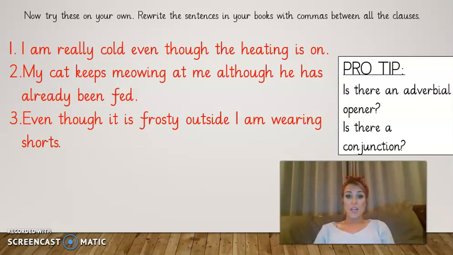So number 1 says, I am really cold even though the heating is on. Number 2 says, my cat keeps meowing at me although he has already been fed. And number 3 says, even though it is frosty outside, I am wearing shorts. So if you need to pause the video to give you some time, that's fine. And in a moment, I'm going to reveal the answers for you.